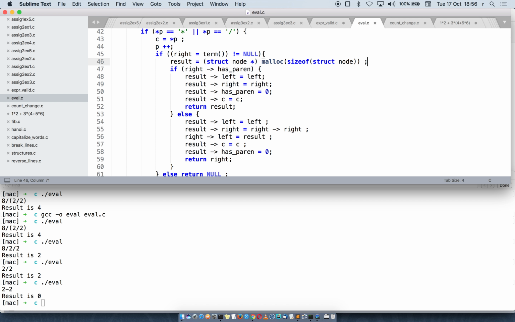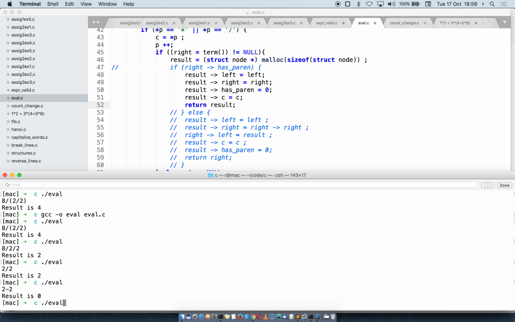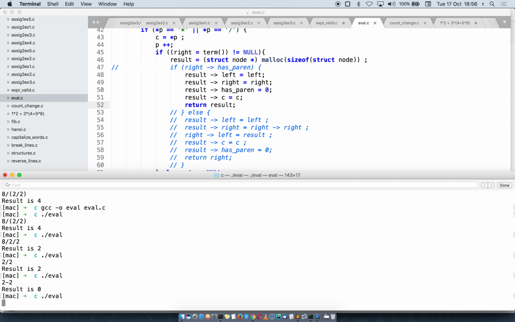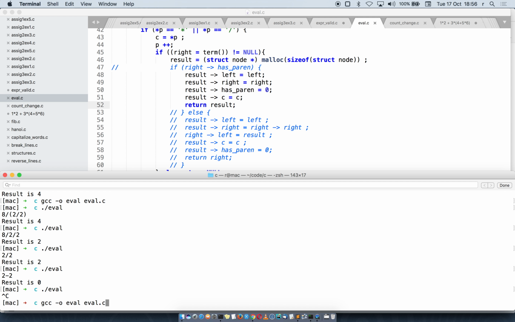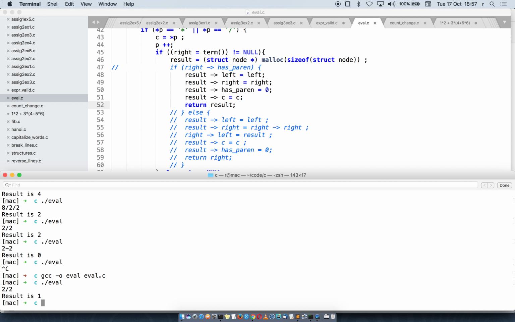If I comment this out, 2 divided by 2 is 1.